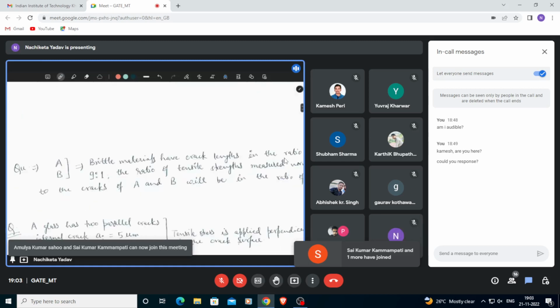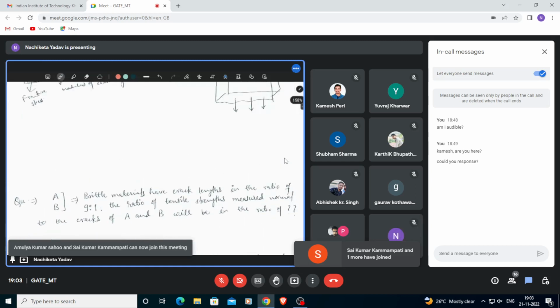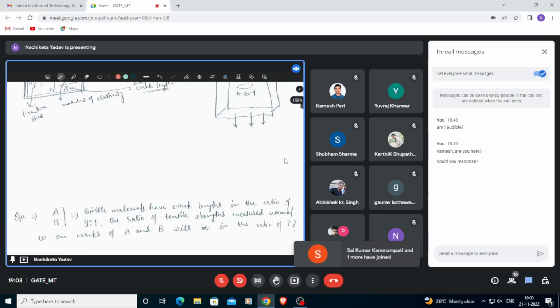So can you solve this problem? Here we have two samples A and B, and both are brittle materials and have crack lengths in the ratio of 9:1. The ratio of tensile strengths measured normal to the cracks of A and B will be in the ratio of, like crack lengths are given. It is 9:1.